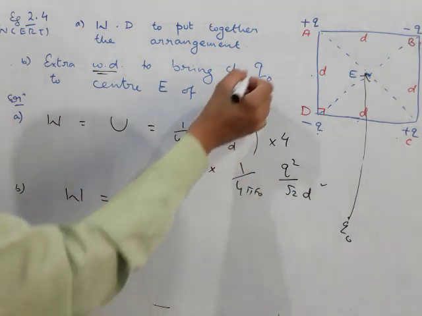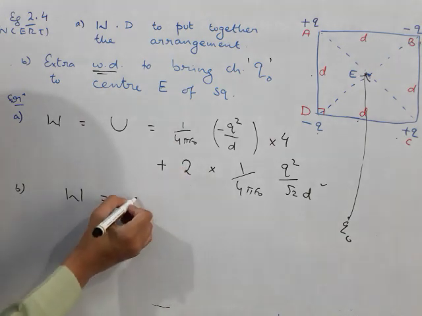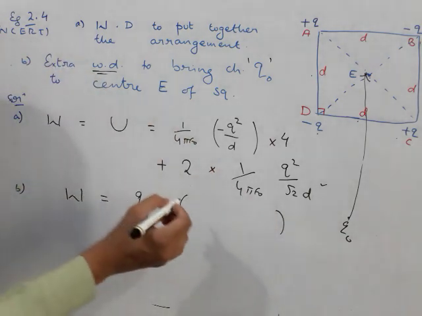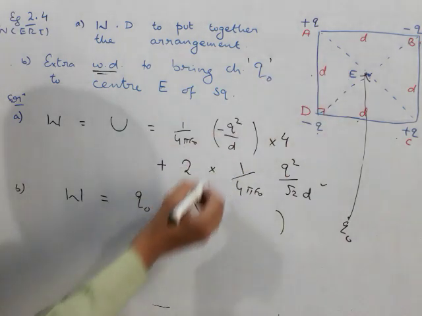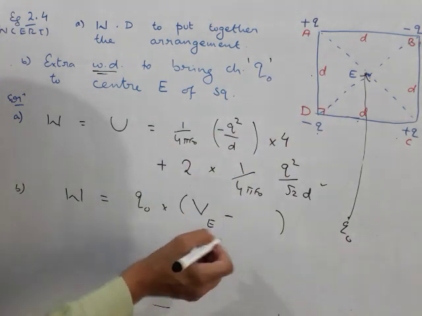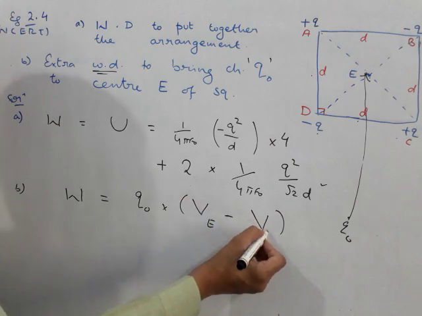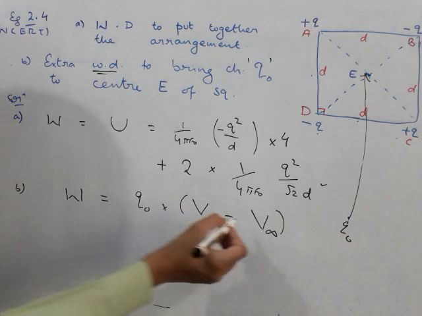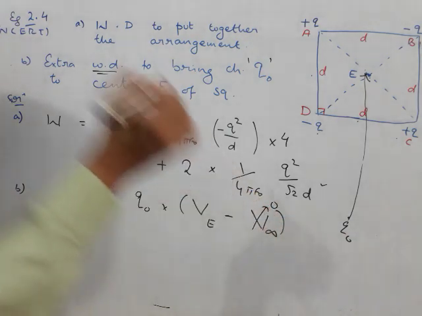Which charge you are bringing? You are bringing charge Q naught. So I will write Q naught times potential difference between those 2 points. So potential at point E, that is final potential, minus initial potential at infinity. Potential at infinity, how much we take, students? That we take as 0.